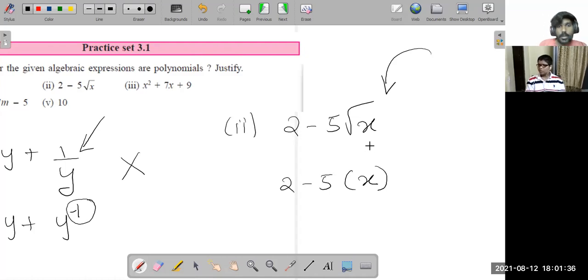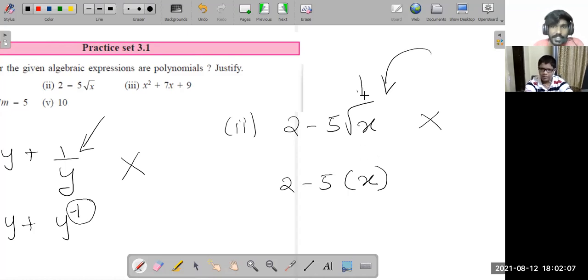Is it a polynomial or no? No, I don't think so. It is not. But why is it not a polynomial? We had done this example. You forgot? The power is an irrational number. Yes, but we don't say it like that.